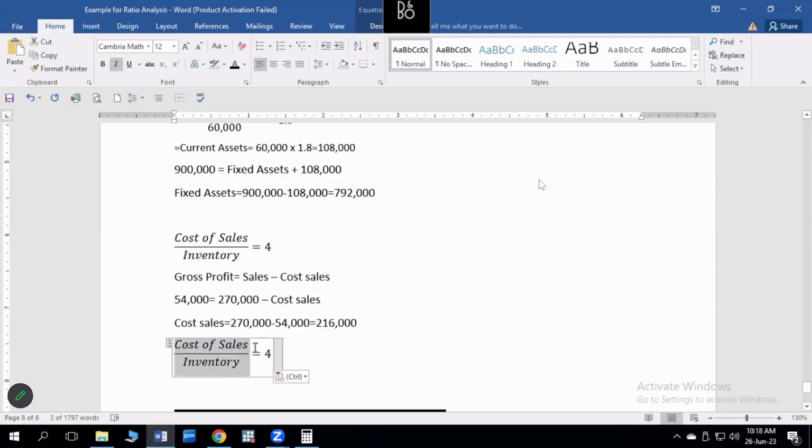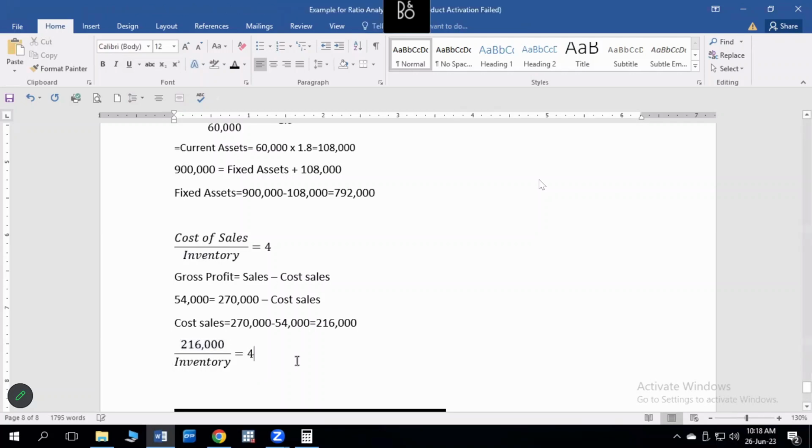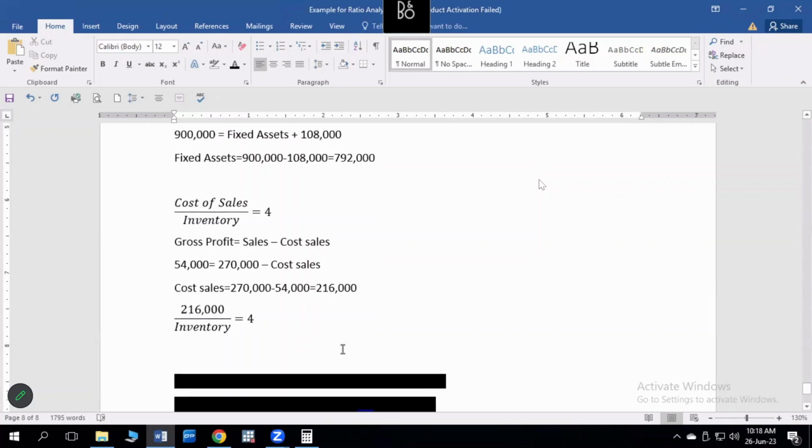Cost of sales 2 lakhs and 16,000. Then in the next step, 4 times inventories is equal to 2 lakhs and 16,000.